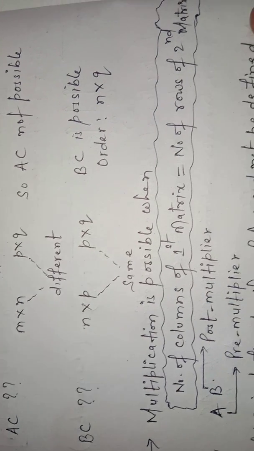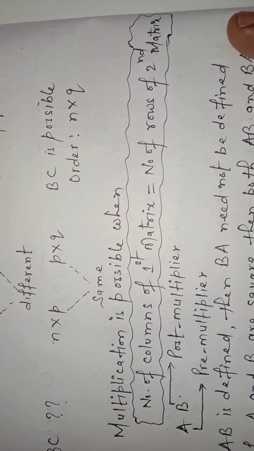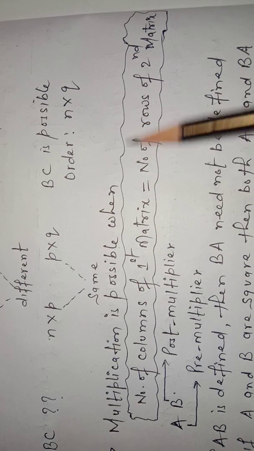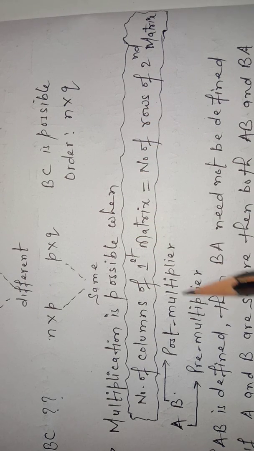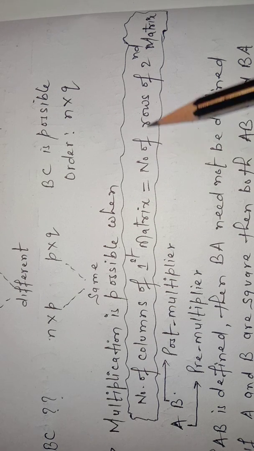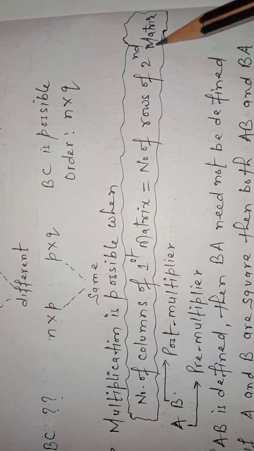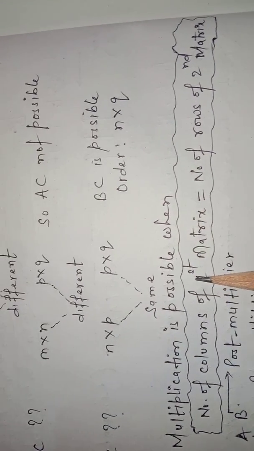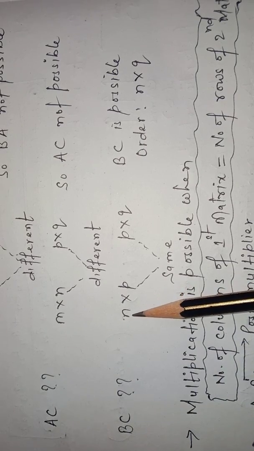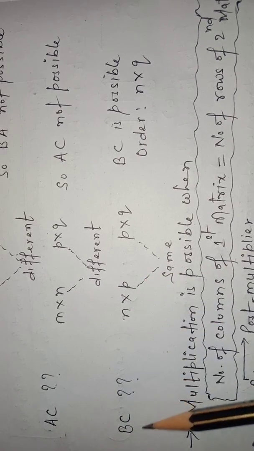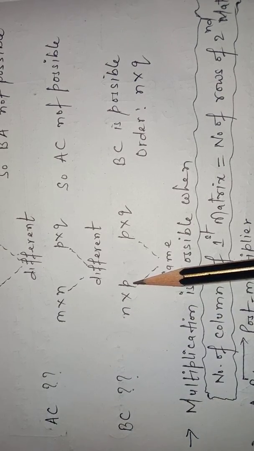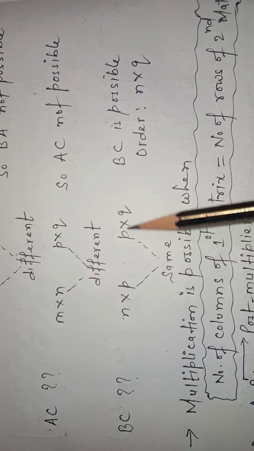So finally we can conclude that multiplication of two matrices is only possible when the number of columns of the first matrix is equal to the number of rows of the second matrix. Why am I saying this? Because if you see here in BC, its order is n cross p, so for matrix B, this is the row, this is the column, and for matrix C, this is the row, this is the column.